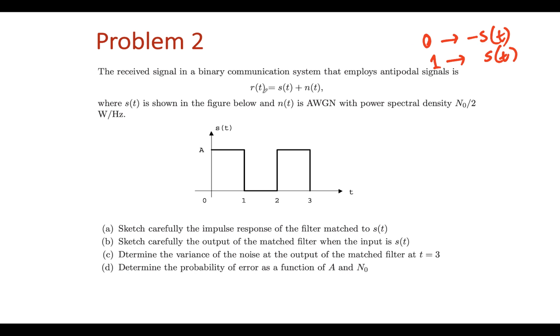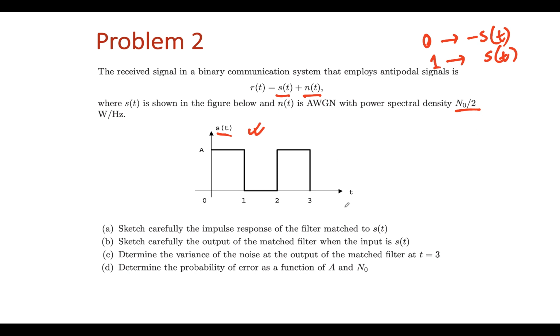So let's say the received signal is st plus nt, where nt is the noise, with AWGN and power spectral density N0 by 2. And st looks like this. Basically you are sending st and minus of this when you have a 0 and a 1.